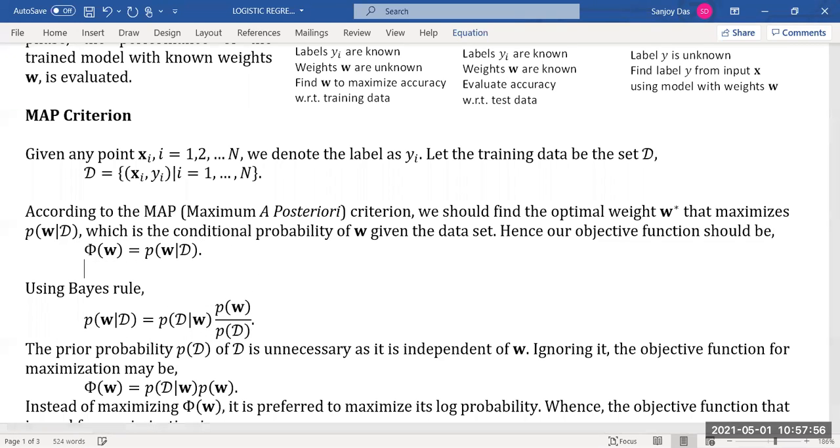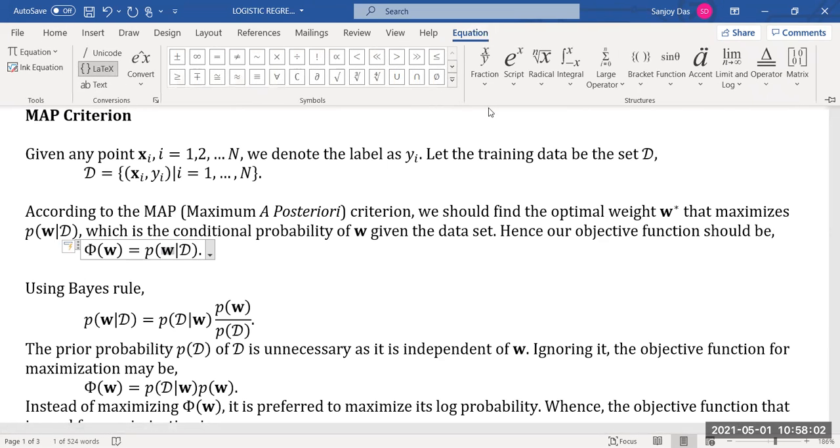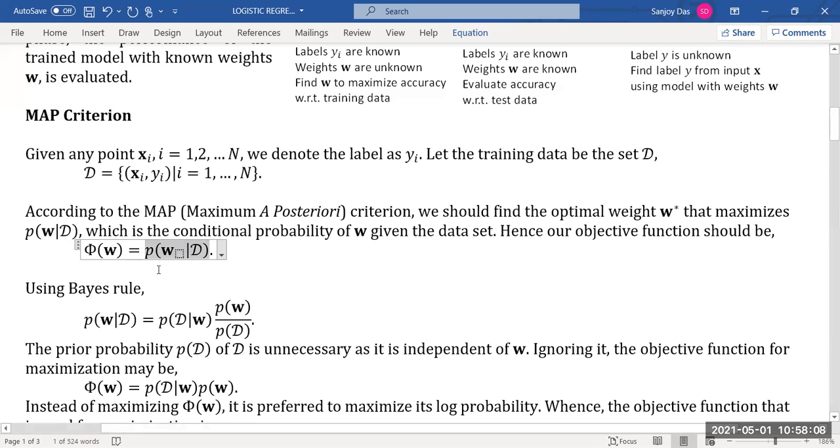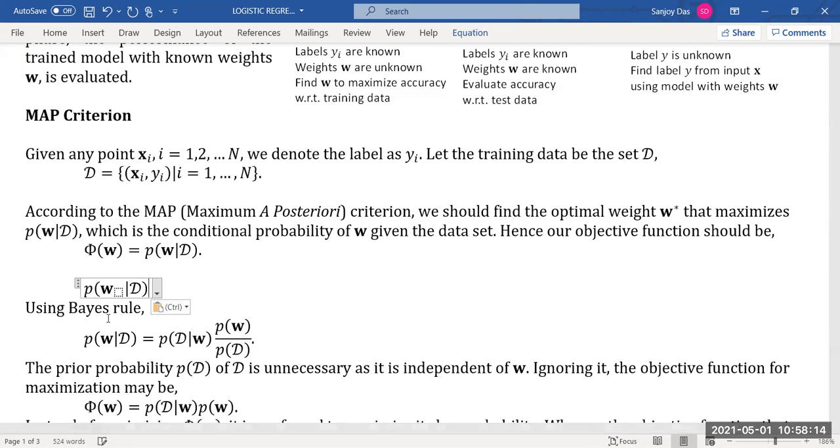So what I'm saying is, suppose you have multiple options. Suppose we have to choose between 3 different values. We have 3 choices for W, just hypothetically. P of W1 given D is, let's say, 0.3. Then we have another weight vector, P of W2 given D is, let's say, 0.4.